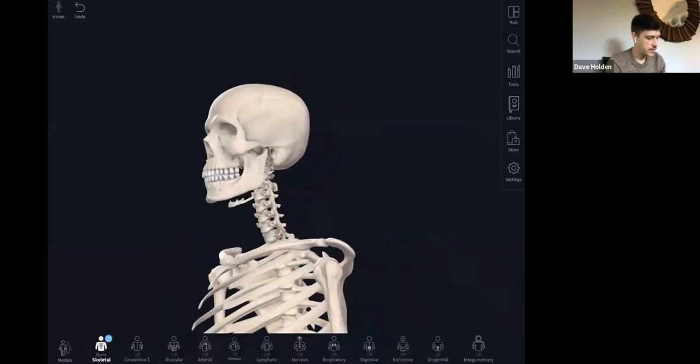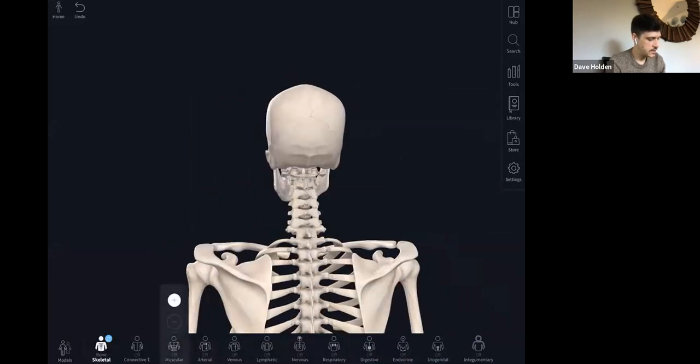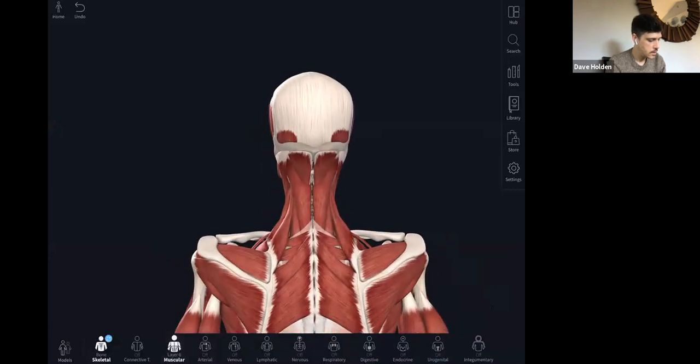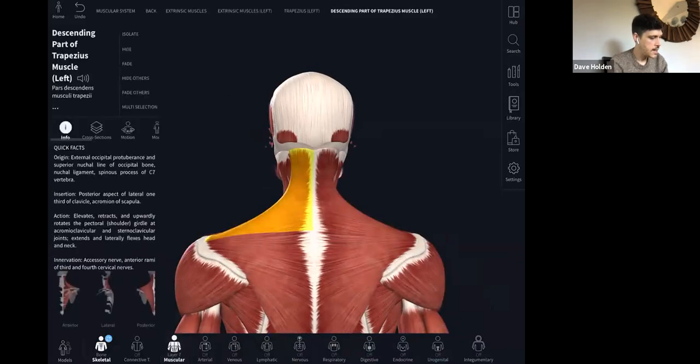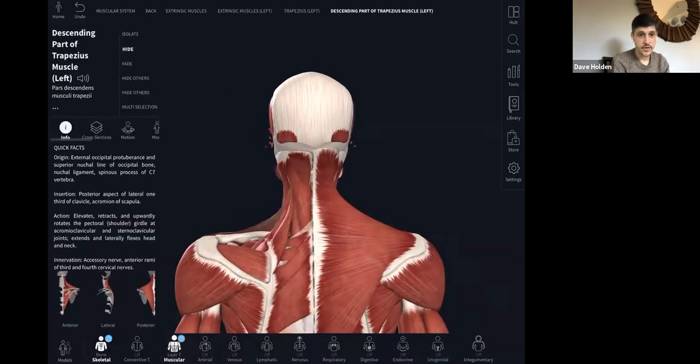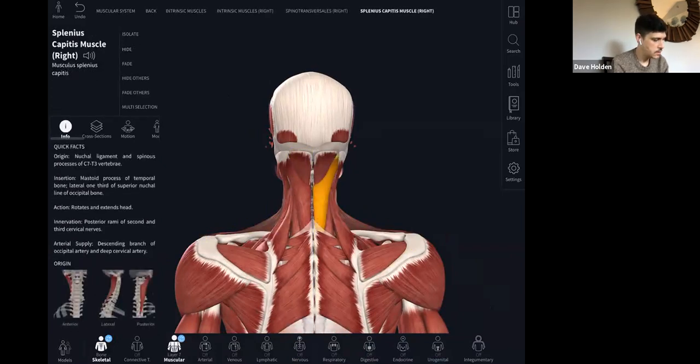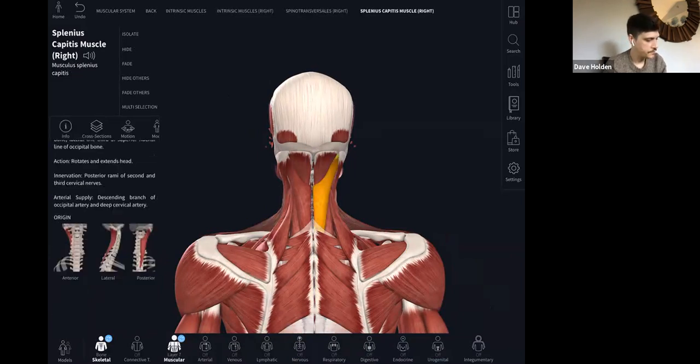So let's come back to our skeleton man. We'll get a good sense of where this muscle sits. As always, we've got to get rid of trapezius. And there sits splenius capitis.